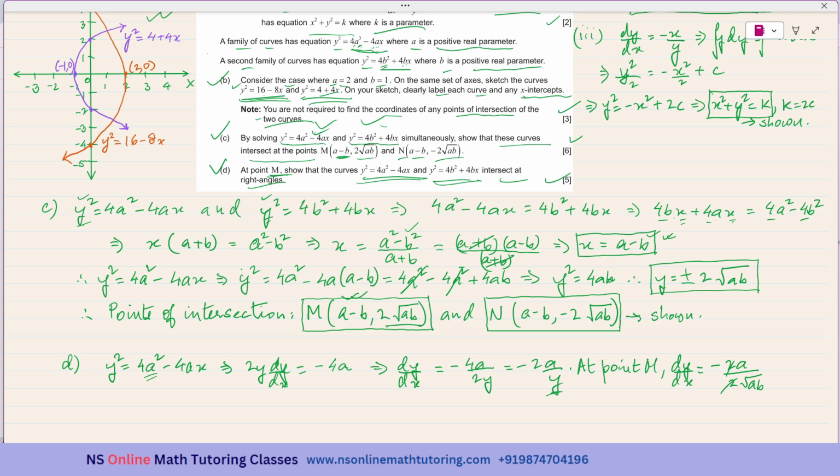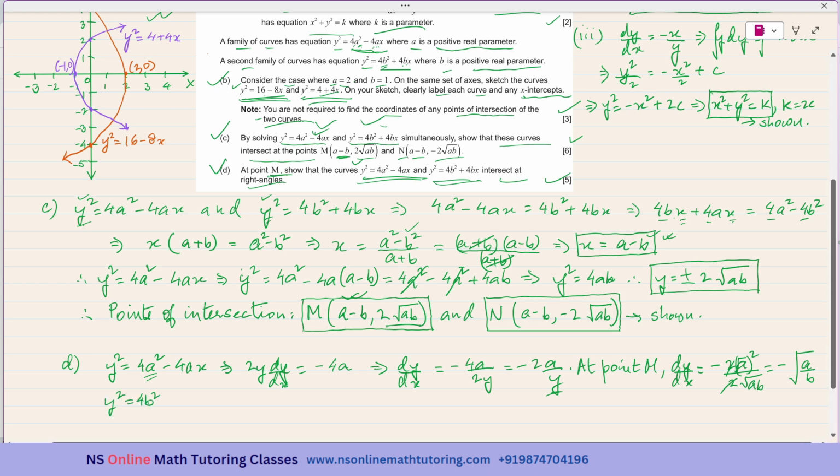These two will be getting cancelled and we will be having negative. This can be written as root a whole square. So this is minus root a over b. Okay. This is the gradient of the first set of family of curves at the point M. Let us come to the next set.